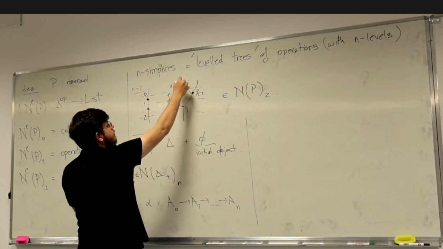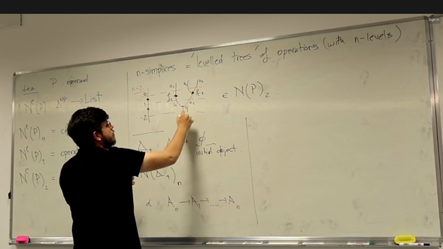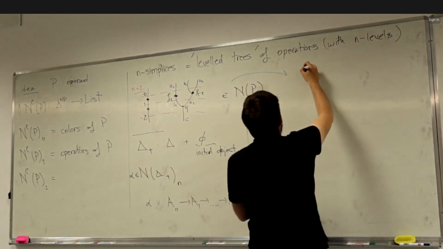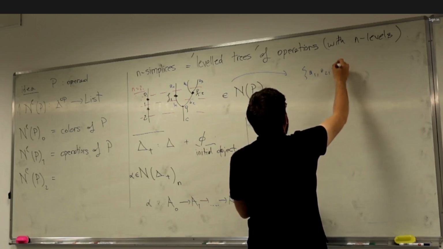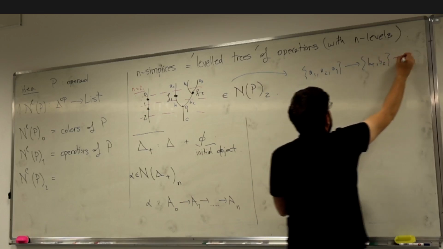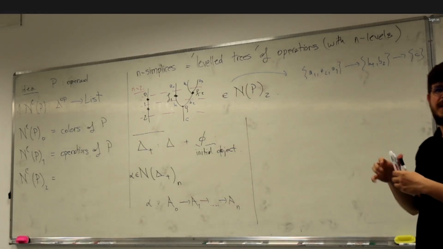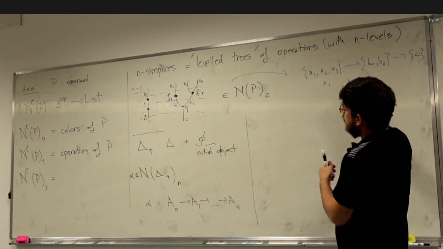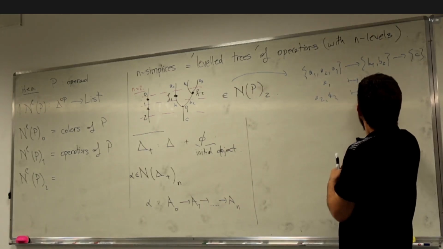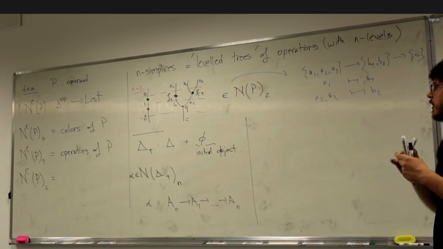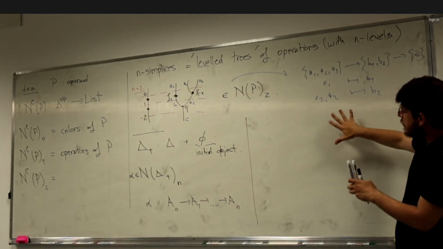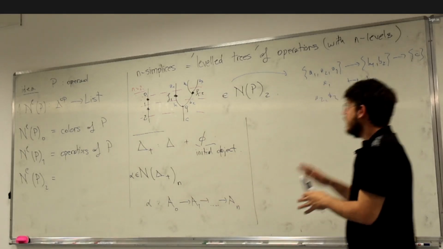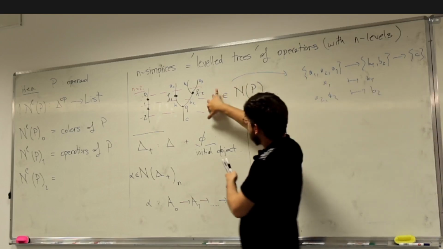If these colors were A1, A2, A3, B1, B2, and C, then I have A1, A2, A3 to B1, B2 to C. The shape of the tree is recorded by these functions: this maps A1 to B1 and A2, A3 to B2, and both of these go to C because there's a unique map. So given such sequences of ordered sets and functions, I can recollect the tree from it.